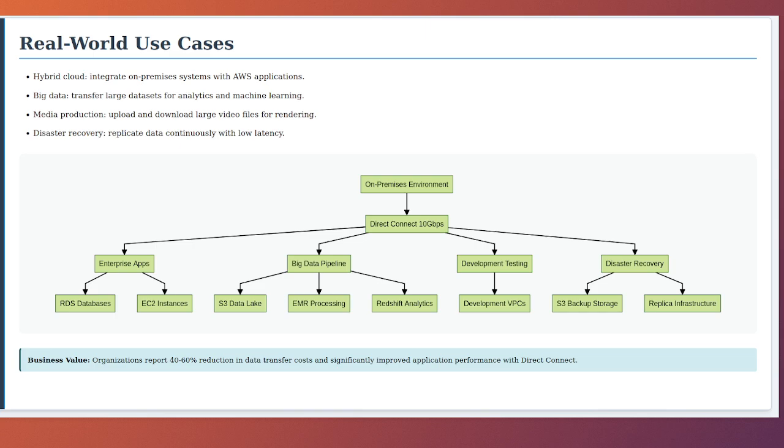Transferring terabytes or petabytes of data over the internet would be slow and expensive. Direct Connect provides the bandwidth needed for these large data transfers. With a 10 gigabits per second or 100 gigabits per second connection, they can transfer multiple terabytes per day. The lower data transfer costs compared to internet egress make this economically viable.